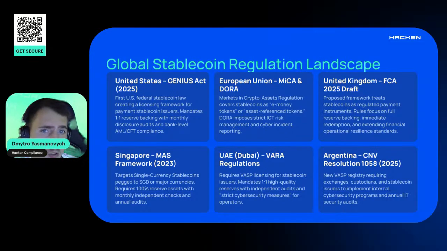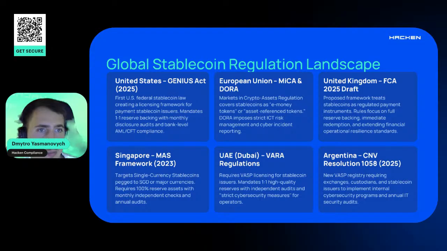It covers stablecoins, called e-money tokens or asset-referenced tokens. DORA also imposes strict ICT risk management and cyber incident requirements. More closely, it covers disaster recovery, business continuity, risk management, and of course incident response, in the case of both Web2 and Web3 finance providers.